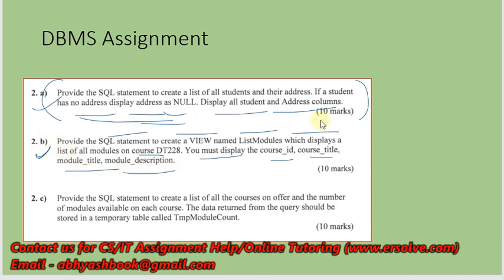So in question B we have to write a query which fulfills this requirement, and in 2C we have to provide an SQL statement to create a list of courses and the number of modules available on each course. The data returned from the query should be stored in a temporary table called temp module count.